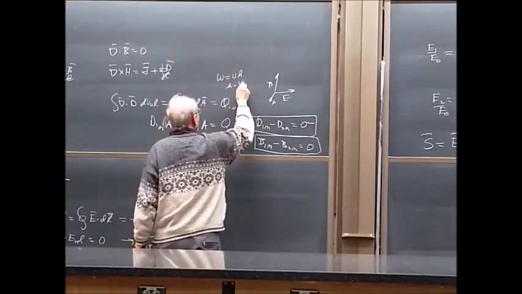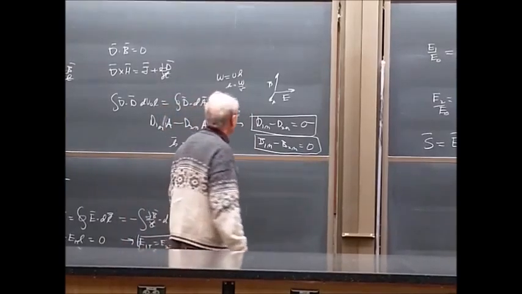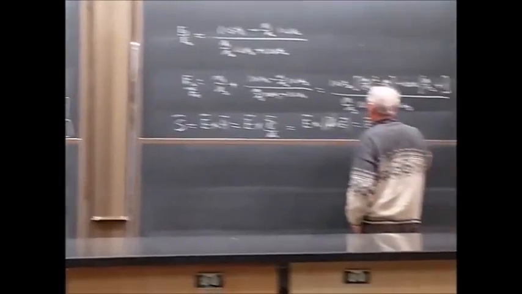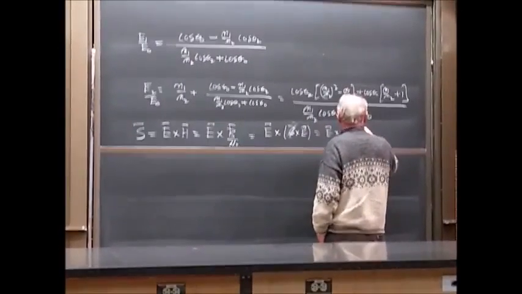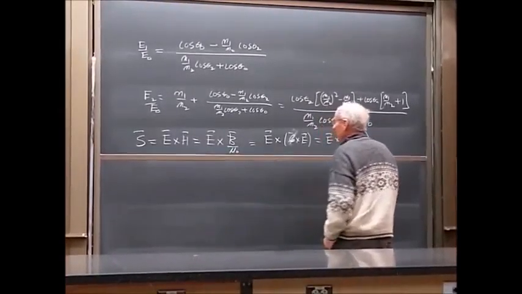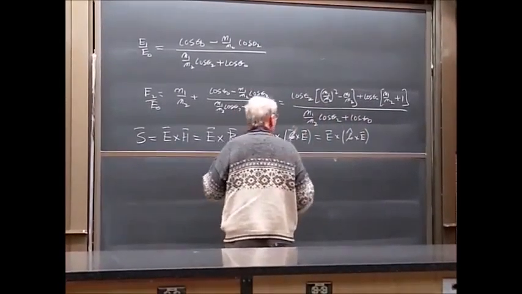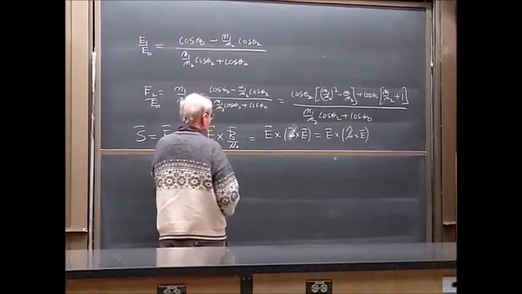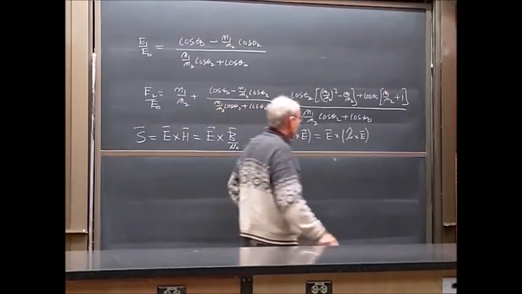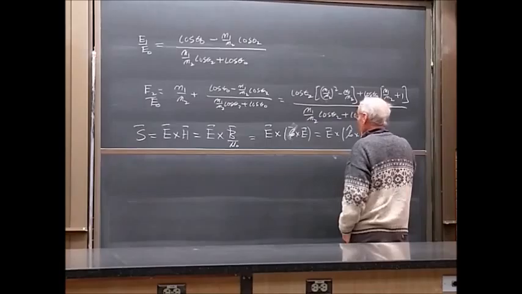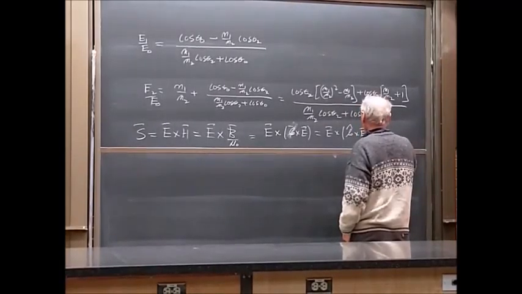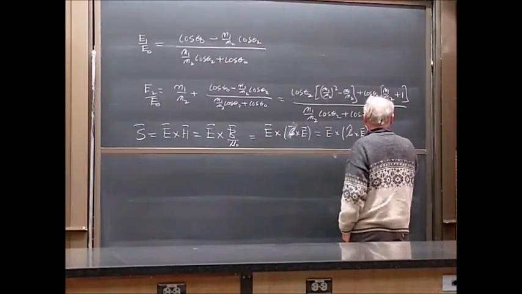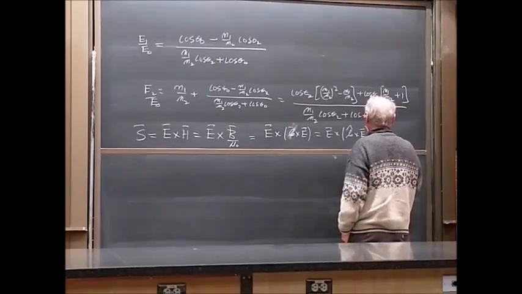So K was omega over V. So here we have K hat cross E. And we knew that the magnitude of B was just 1 over the velocity times E. So we need 1 over the velocity here. And 1 over the velocity is N over C.